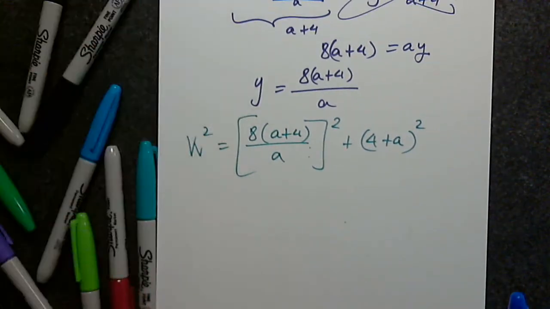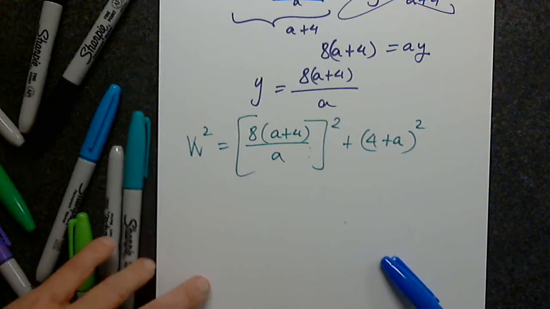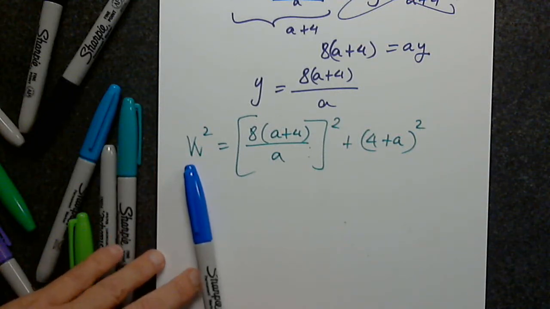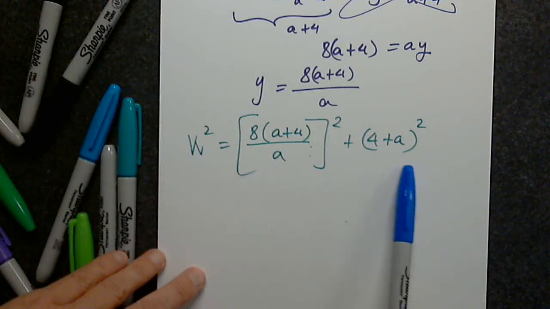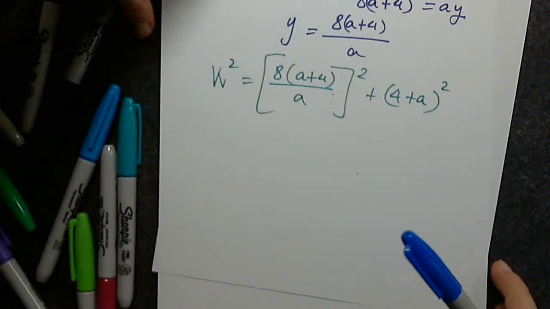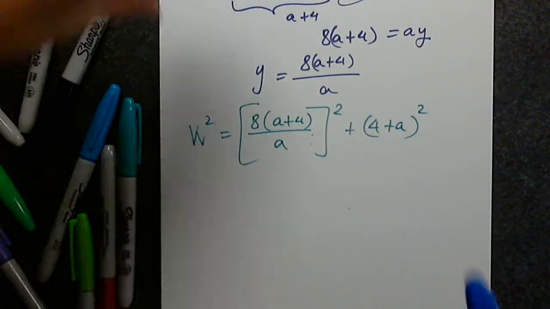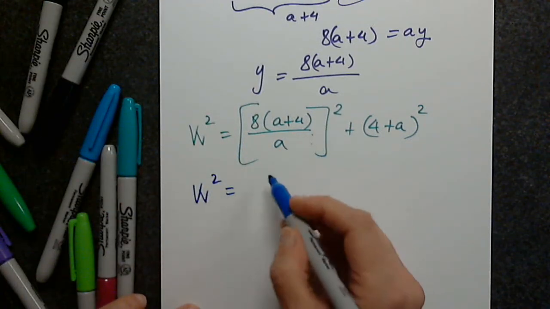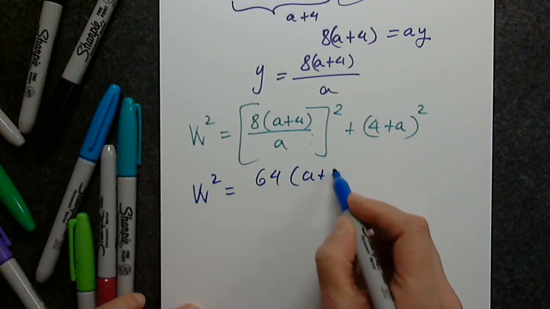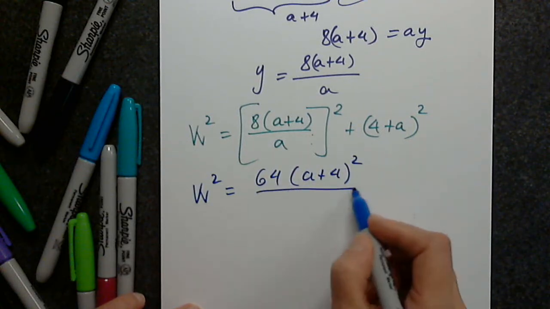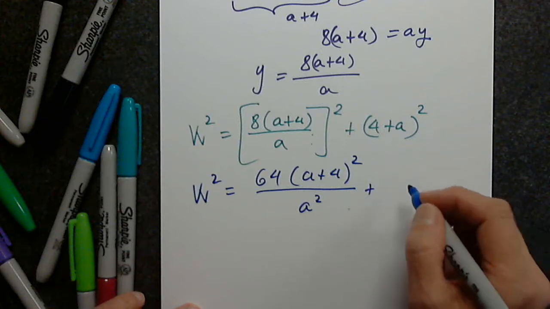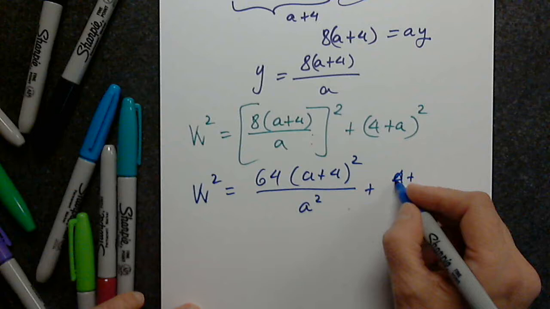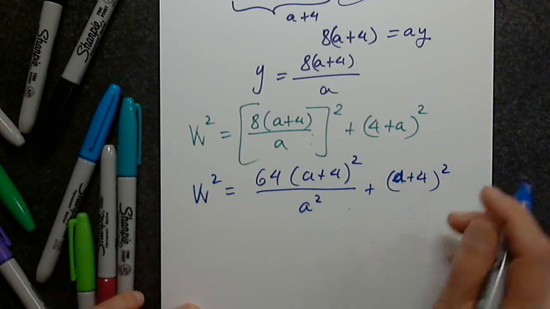Okay, now I have a problem here, because I could differentiate this, but I'd rather take the square root. But I want to simplify a little bit if I can. So W squared is 64(A plus 4) squared over A squared plus, 4 plus A is the same thing, (A plus 4) squared over 1.